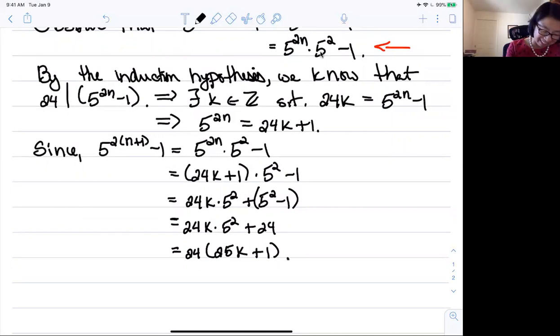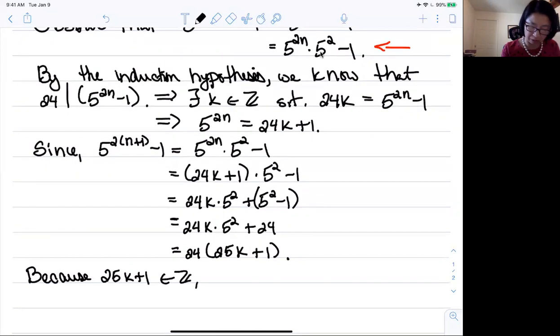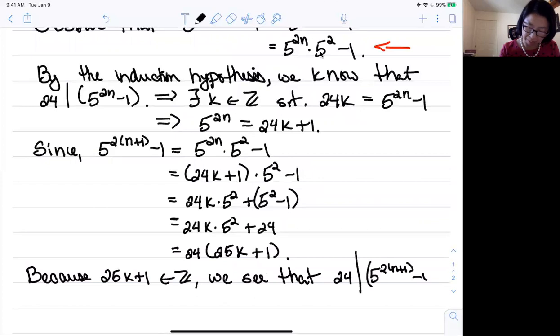So we can say because 25k plus 1 is an integer, what we see from that last line is that 24 divides 5 to the 2 times n plus 1 minus 1.